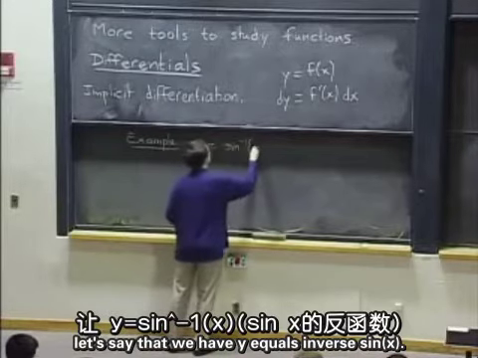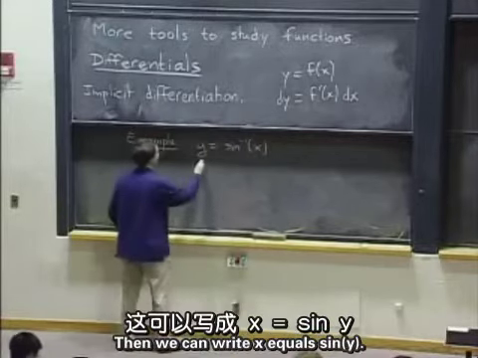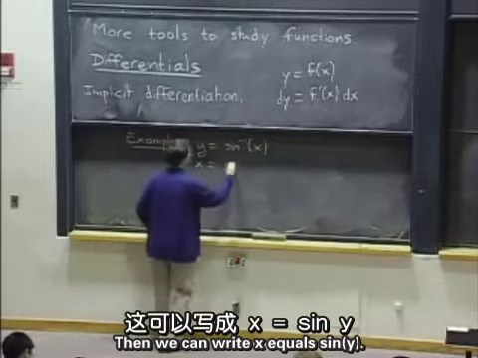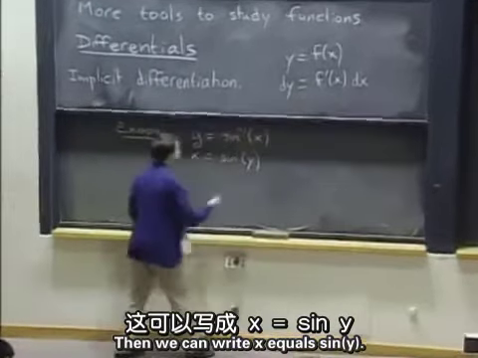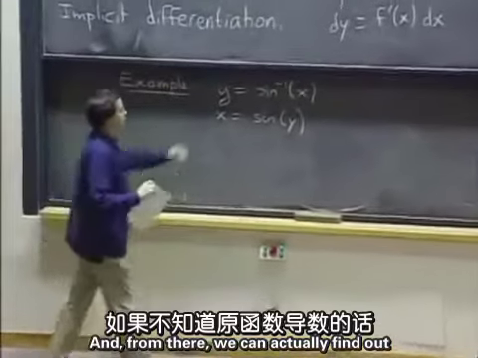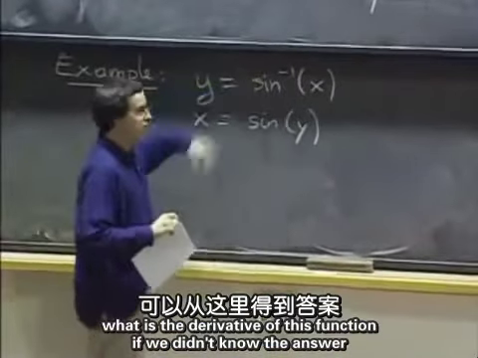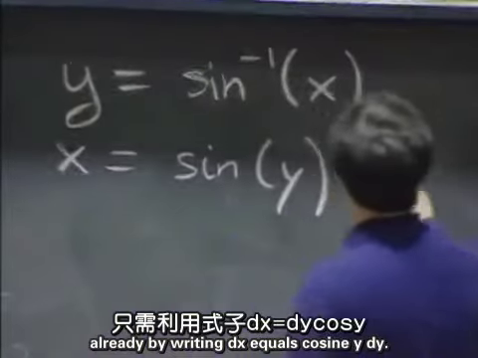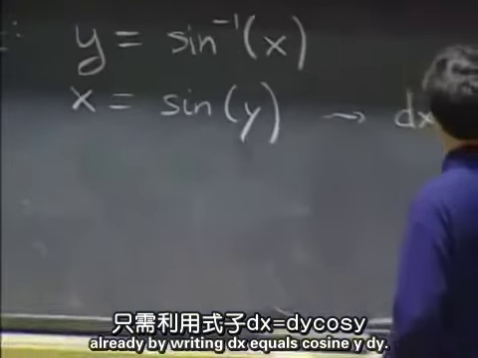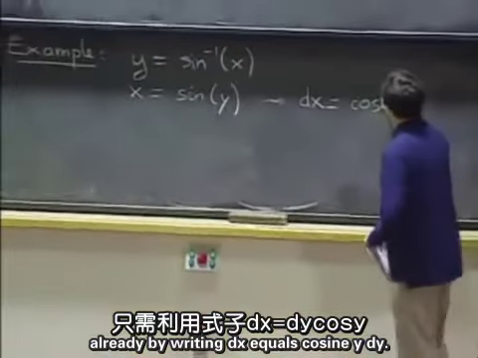inverse sine of x. Then we can write x equals sine of y, and from there we can find out what is the derivative of this function, if we didn't know the answer already, by writing dx equals cosine y dy.